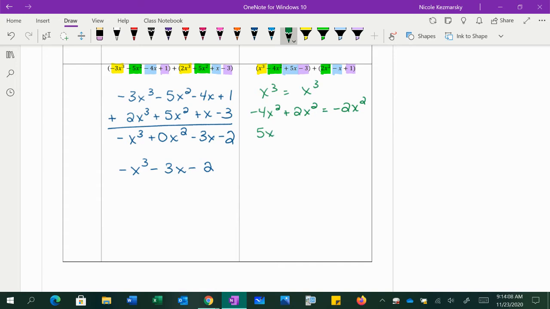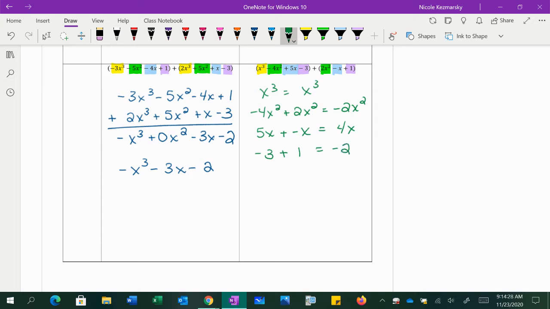Then 5x plus negative x. Let's keep it plus since we're adding. And 5 minus x is 4x. Negative 3 plus 1 for our constants gives me negative 2.